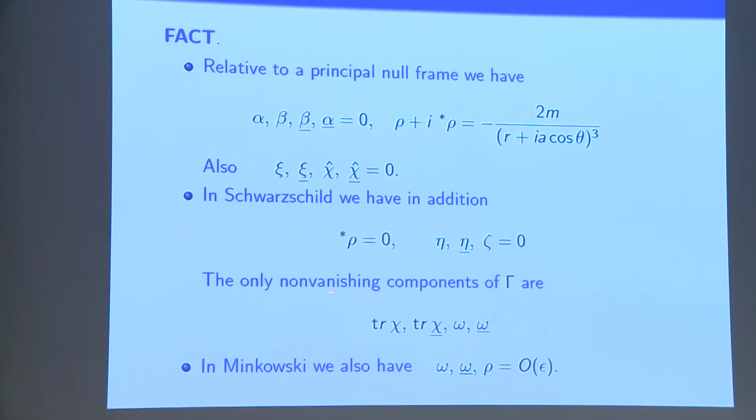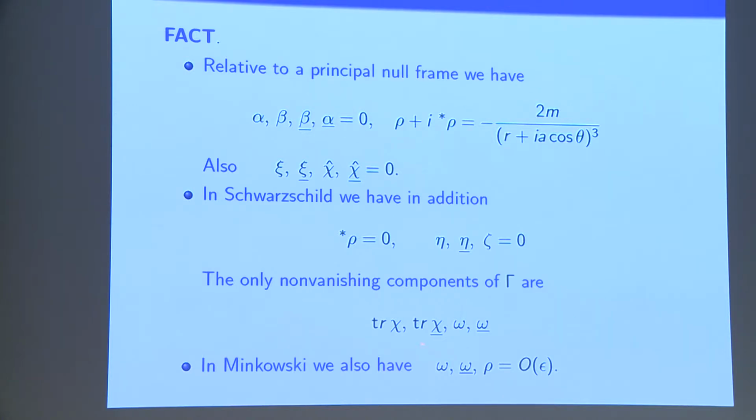The only non-vanishing components of gamma are fewer and fewer. If you are in Minkowski space, in addition, rho is zero, and you are left just with these two, which are just geometric. These are just 2 over r in terms of polar coordinates, so they are very simple to calculate. So that's kind of the story.